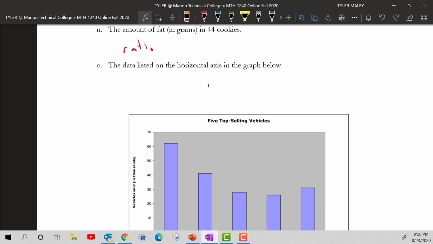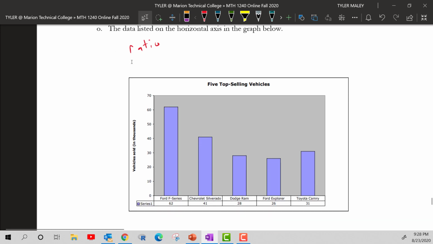So the number of vehicles that are sold would be quantitative, and so this would be ratio. The horizontal axis is this, so what we're looking at are these numbers.